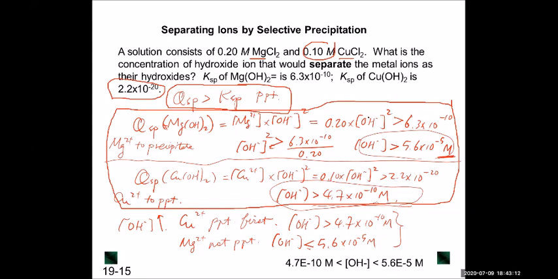In industry, when we separate copper from silver, for example, we use a precipitating agent. The KSP for silver chloride is very low. As we remember, silver chloride is insoluble, so its KSP is very small. And the KSP for copper 2 chloride is very large, because copper 2 chloride is soluble.